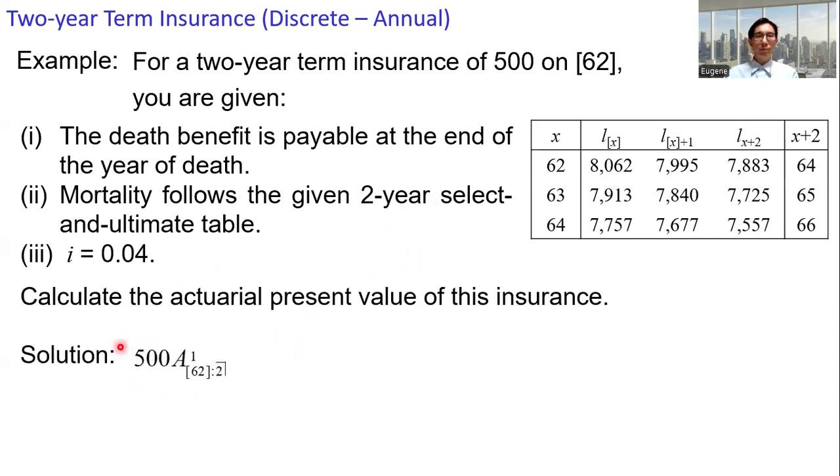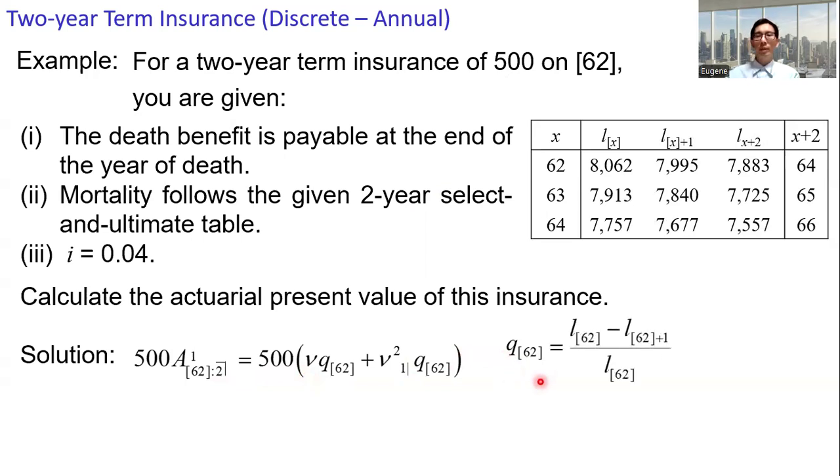The notation. This is a select life at age 62. We have the bracket 62 here, angle 2, 2-year term insurance. All right, so from this expression, we need to get q[62], the select life.